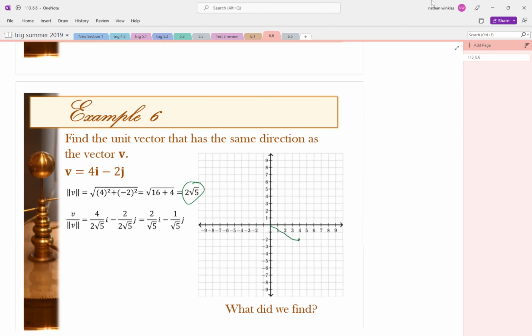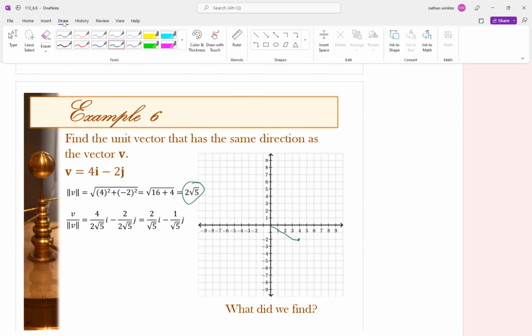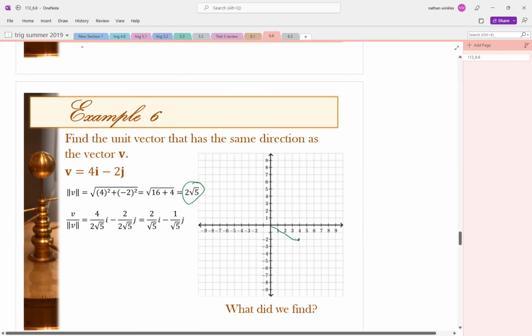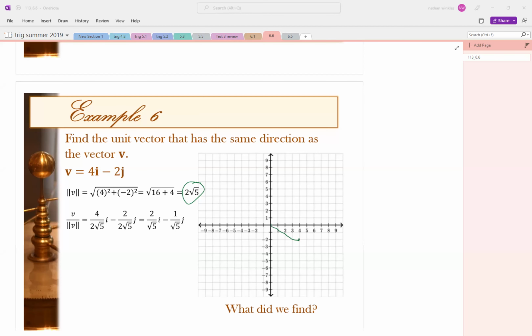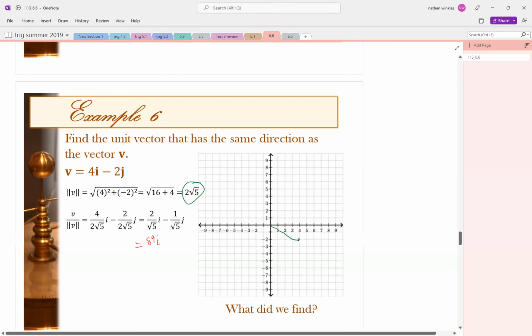Originally, our vector was something like this. If we look at our new vector, 2 divided by square root of 5, minus 1 over root 5. If we approximate these two values, this would be 0.89 times i minus 0.45 times j.